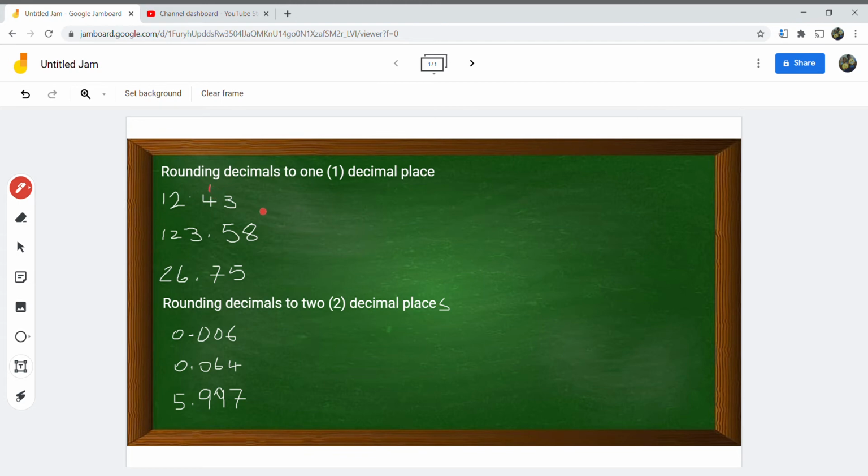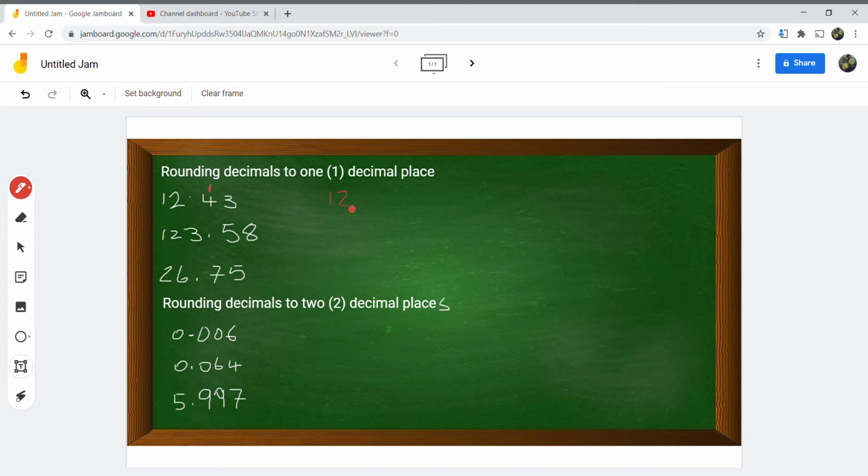Just like when we are rounding other numbers, we look at the position after that position to identify whether we round the number up or down. And down does not mean that we're going in a different direction, because 12.43, or 12 and 43 hundredths, is between certain numbers.